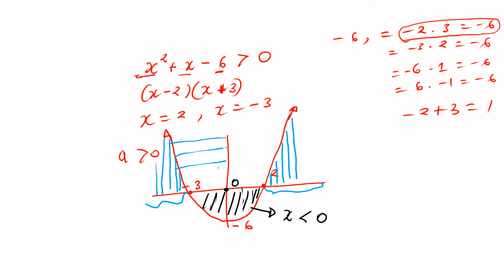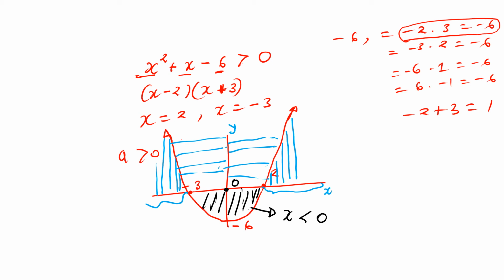This is our y value, this is our x value. So to write our inequality, from this side we say from 2 to positive infinity, and from negative 3 going downward, the values of x give us y values greater than 0.